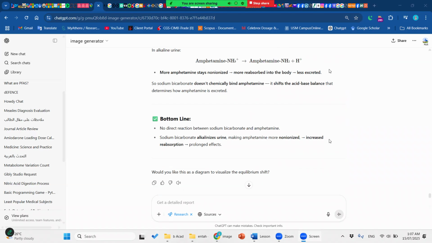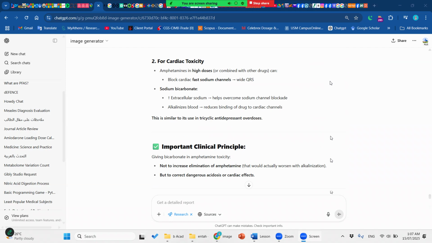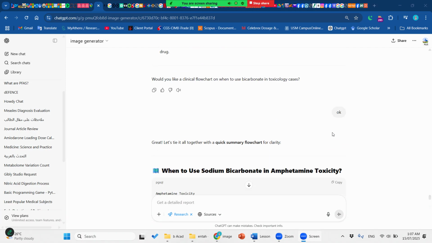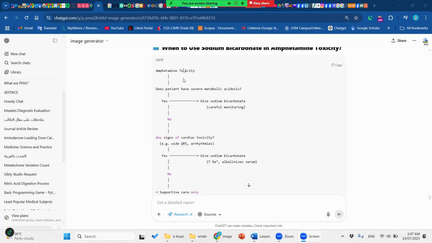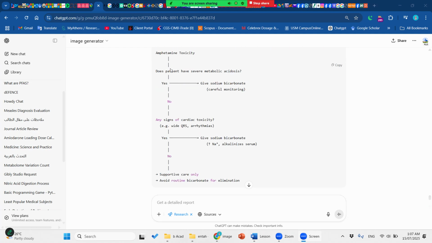So again, to summarize, when we have an amphetamine toxicity case, we check, does the patient have severe metabolic acidosis? If yes, then we might give sodium bicarbonate and monitor the patient carefully. If there is no severe metabolic acidosis, then we look for signs of cardiac toxicity.